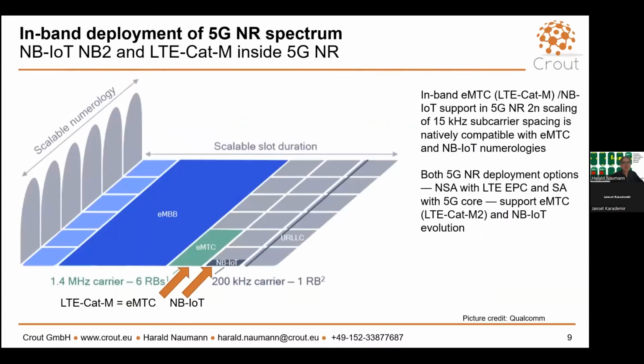Yeah, an outlook on 5G. Inside of 5G, we have the 200 kilohertz for narrowband IoT again. And we also have LTE-M, that means LTE Cat-M, also called eMTC. And the benefit in 5G is that the operator can change the setting on the fly. At the moment, narrowband IoT and LTE-M are very static.